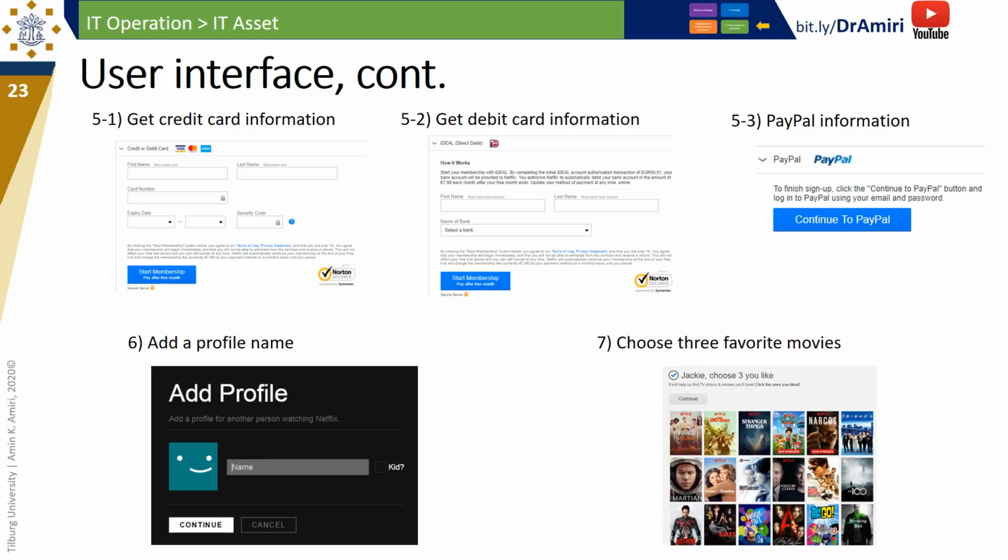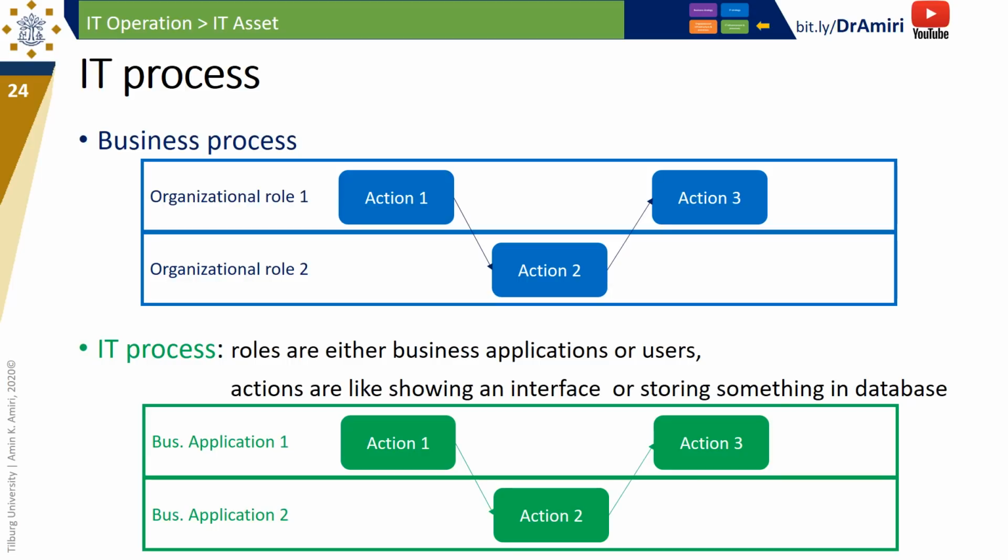Afterward, you see another user interface where you provide a profile name. And then in the last user interface of this registration process, you need to choose 3 favorite movies. Then it's done.